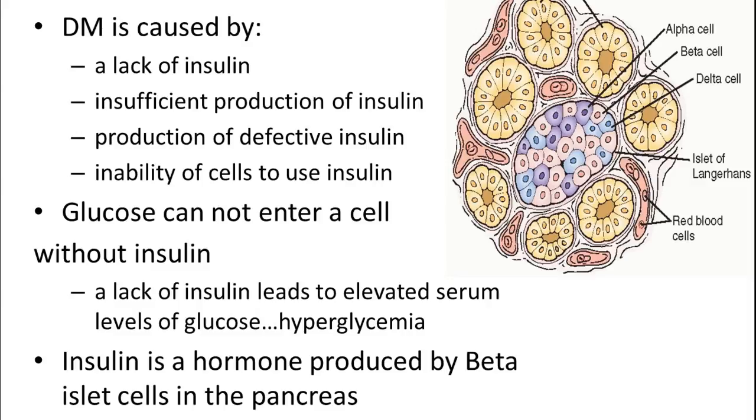It could be insufficient production of insulin, such as with type 1 diabetes, or production of defective insulin, such as type 2 diabetics just don't make the right amount or proper amount of insulin, or the inability to use insulin, again, which is a hallmark of type 2 diabetes, that the insulin just can't get inside the cell. They make insulin, but it just can't get inside the cell, either due to the lack of insulin in itself being the locking key for glucose to enter the cell, or due to the condition called insulin resistance.